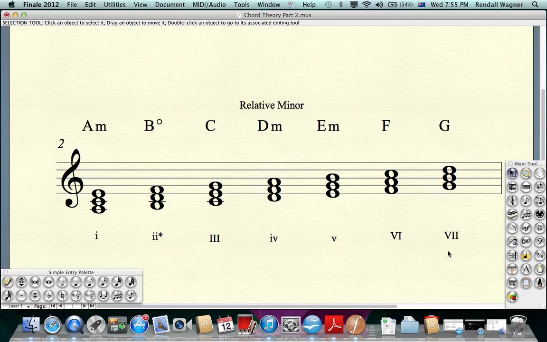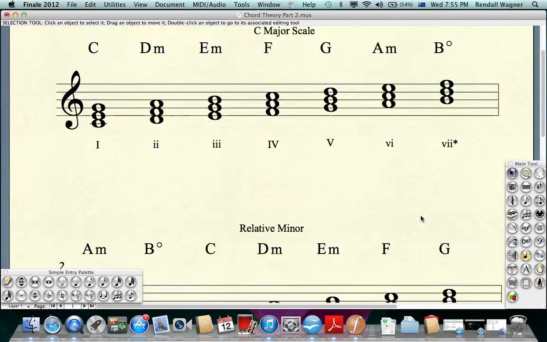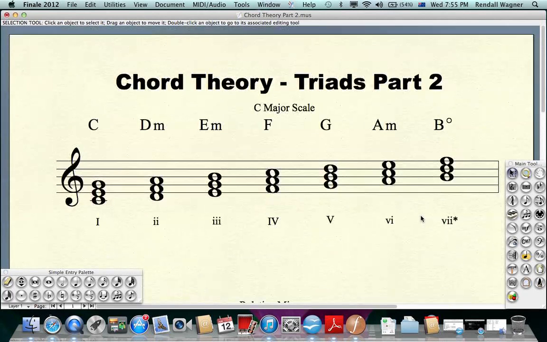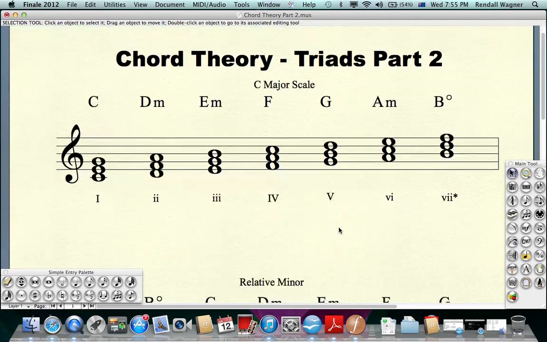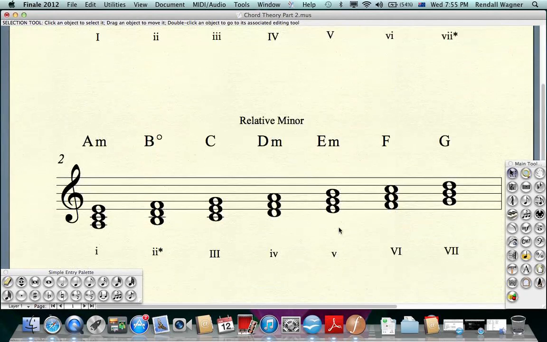Chord 3 in a minor key will always be a major chord. Chords 6 and 7 will always be major chords. If we look back up at our major scale, chord 1, chord 4 and chord 5 will always be majors. This comes in really handy when we're writing songs or pieces of music.